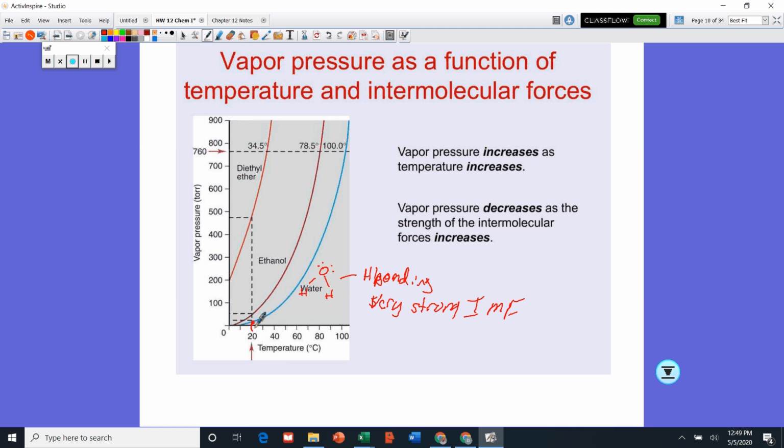So that means that this water is likely to be a liquid. That's why water maintains that. If you look up here, water doesn't become a gas until this point. It boils.